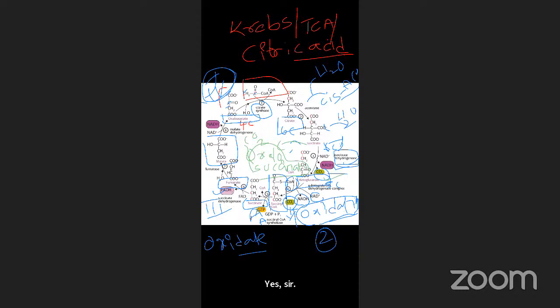How many ATPs in one cycle? Krebs cycle means always remember, it is 2 cycles, 2 turns. Now tell me, how many NADH2 are formed? 6 NADH2 are formed.